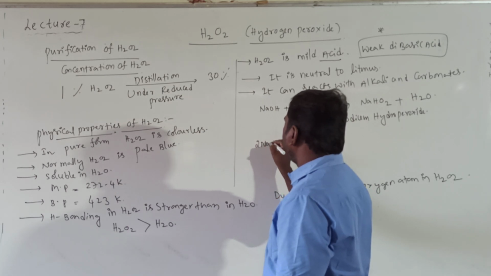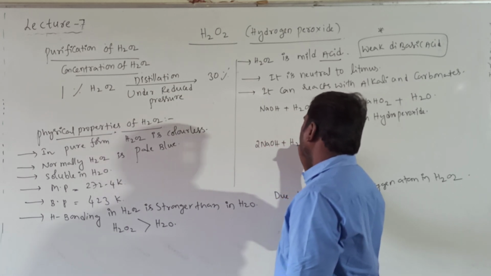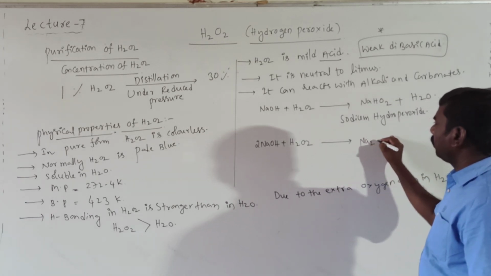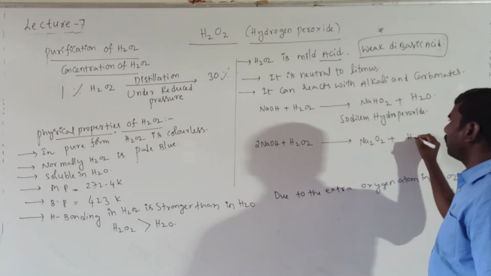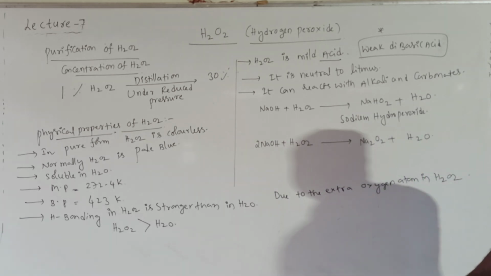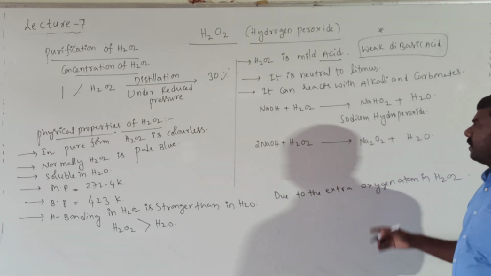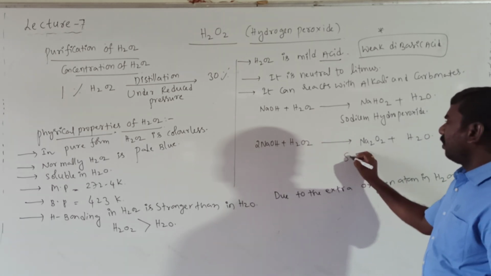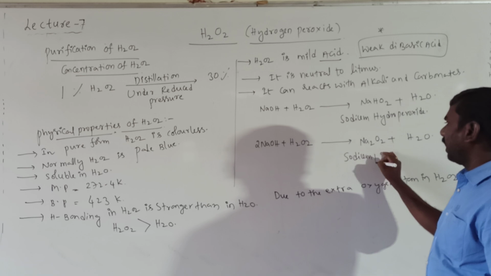Similarly, 2NaOH plus H2O2 gives rise to Na2O2 plus 2H2O. Observe carefully. This is called sodium peroxide.